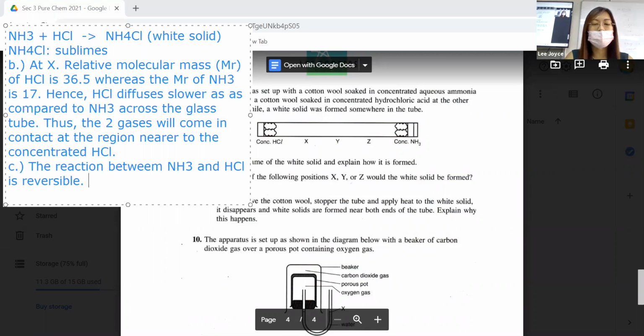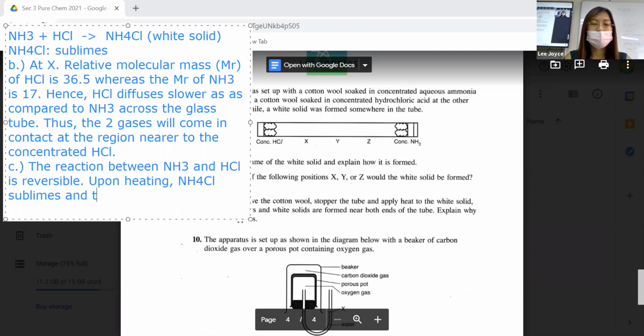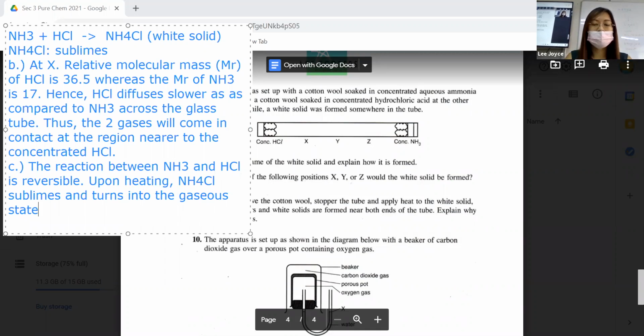All right, so upon heating, it will turn into gaseous state.